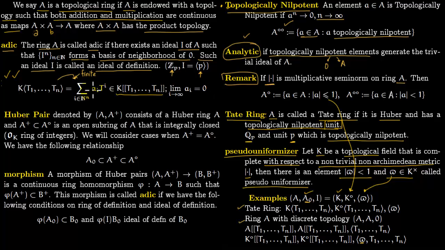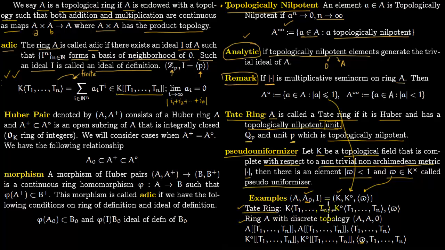This coefficient index I, as I said, is a multi-index. So this |I| would essentially mean the sum of all the elements in here, just I1 plus I2 all the way to whatever power you have. As this goes to infinity, then this a_I should go to 0. So this gives the example here.